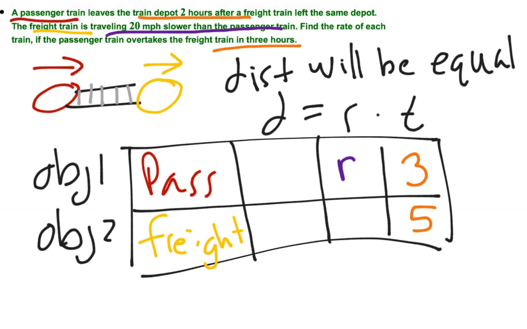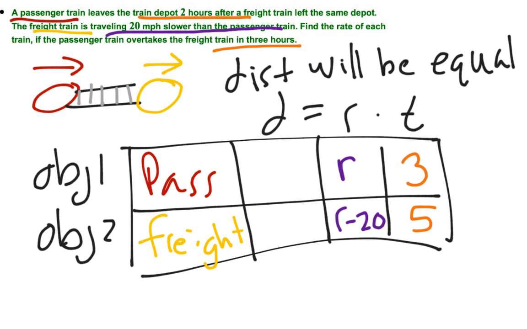The freight train is moving at a rate r minus 20, because it's moving 20 miles per hour slower than the passenger train. And this makes sense with our problem, because the freight train has been going for 5 hours, and it has to be going slower if the passenger train is going to catch up to it.